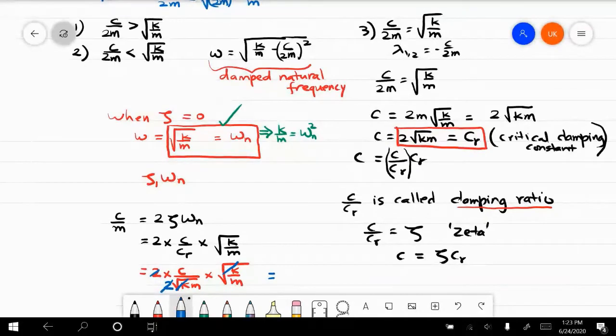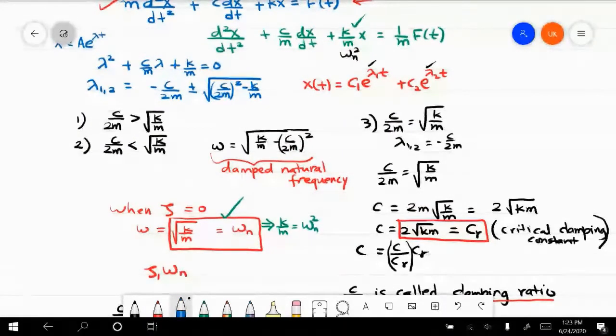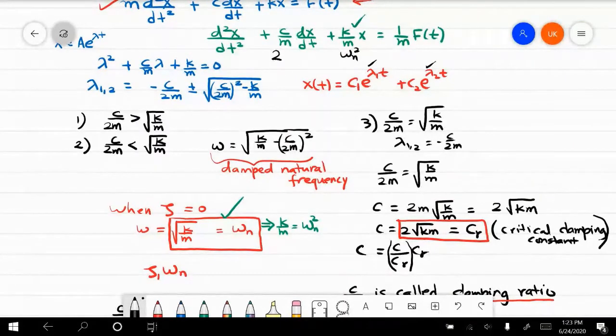And we get, so square root of m times square root of m will give us m, get c over m, right? So in this way, you can show that c over m is equal to 2 times zeta times omega n. So here, this c over m can be written as 2 times zeta times omega n.